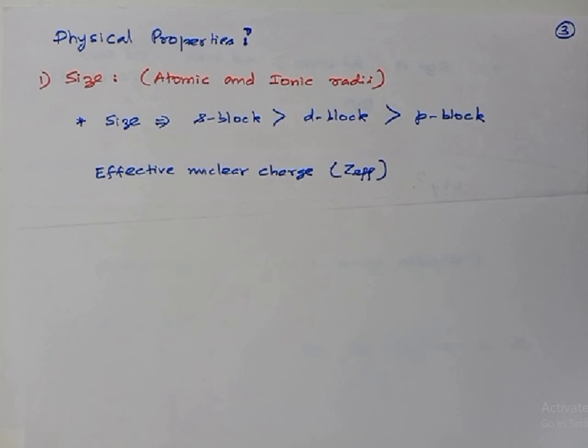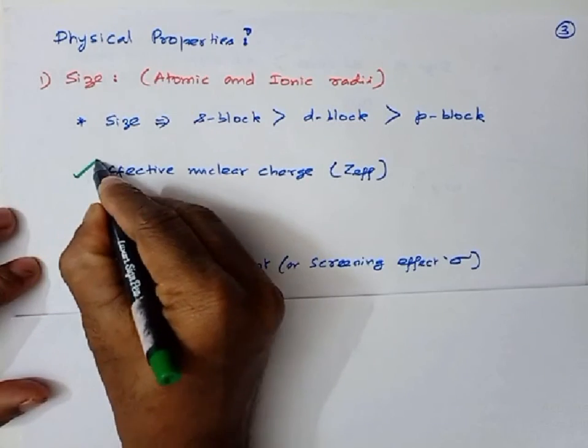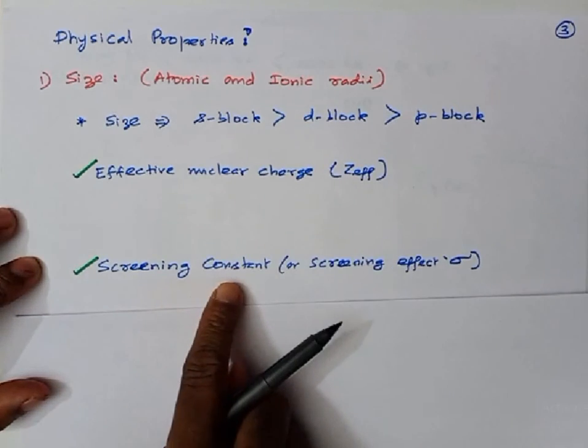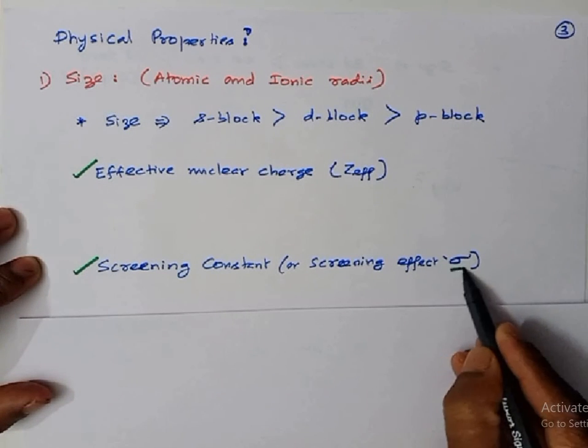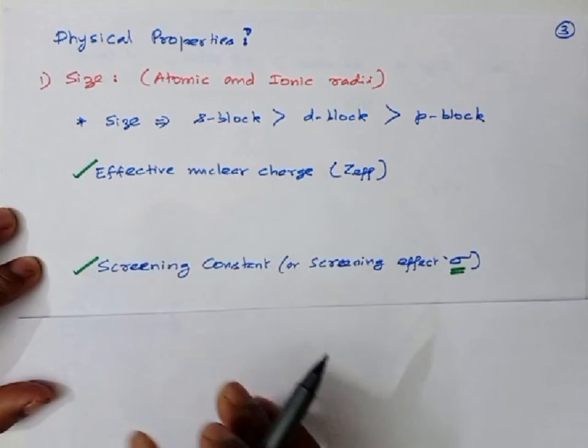Next point. To understand the size of D block elements, these two quantities are very, very important. One is effective nuclear charge, the other one is screening constant, also called screening effect. We represent this by the symbol sigma in general. What is effective nuclear charge?